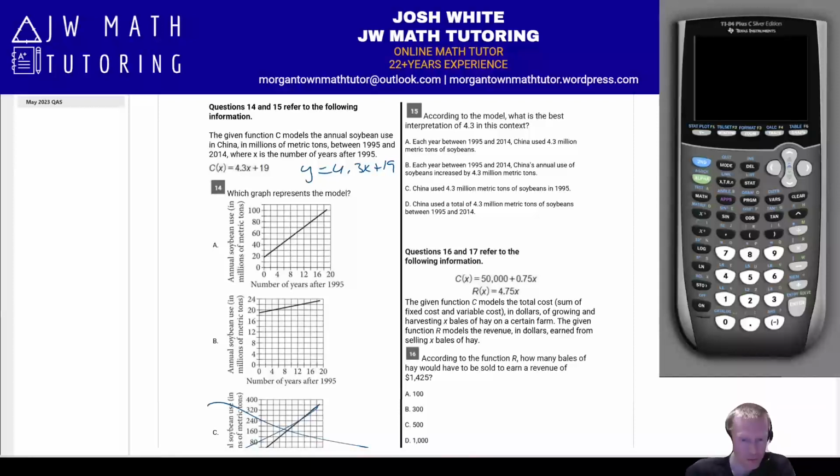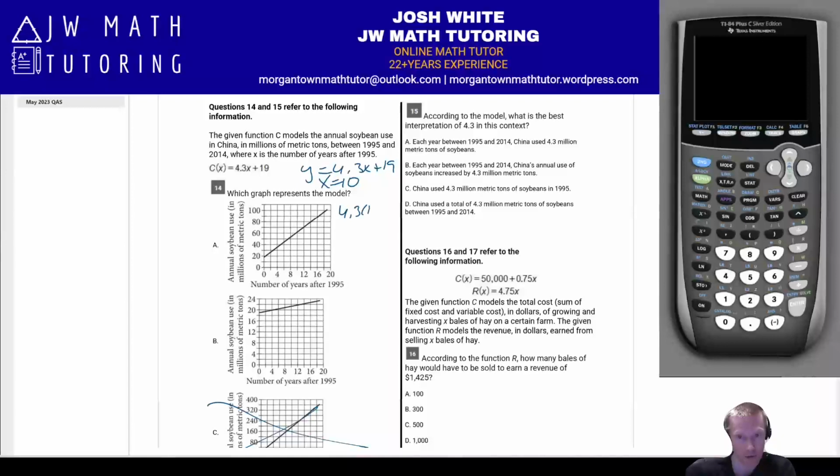At this point, you could graph the line on your calculator and compare, or the way I would do this is what I call point matching. Pick a value for x. I'm going to use 10. Plug that into the equation, figure out what the corresponding y value is, and then go to the graphs and see which has that same y value.